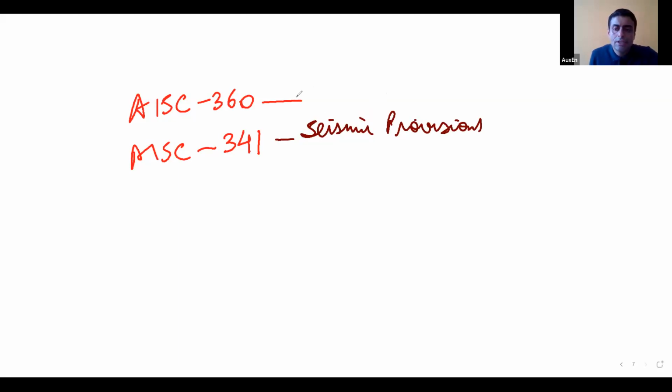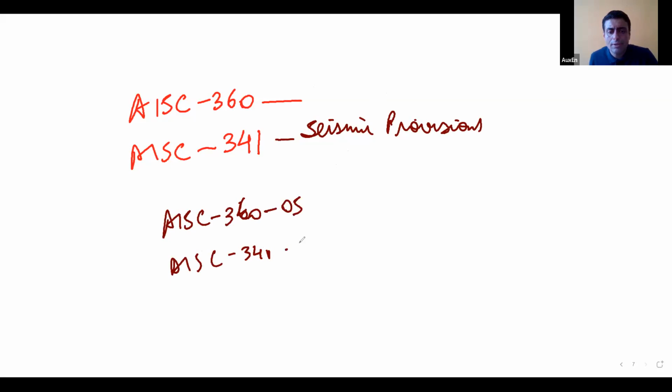These were revised. Usually what they do, which is a good thing, is that they revise 360 and 341 together. So if they are revising 360, they will also revise 341.